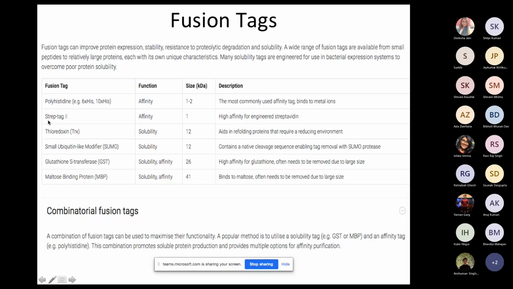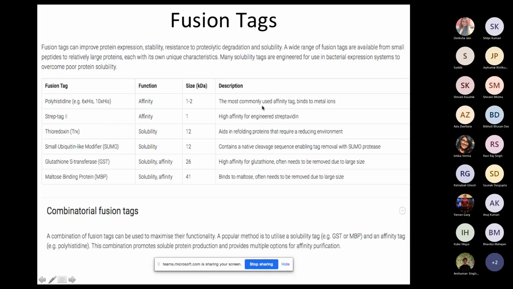One is strep tag and one is polyhistidine. And I purify my protein first with the help of nickel ions. And then I use that purified protein to further purify it using streptavidin, this biotin streptavidin affinity.